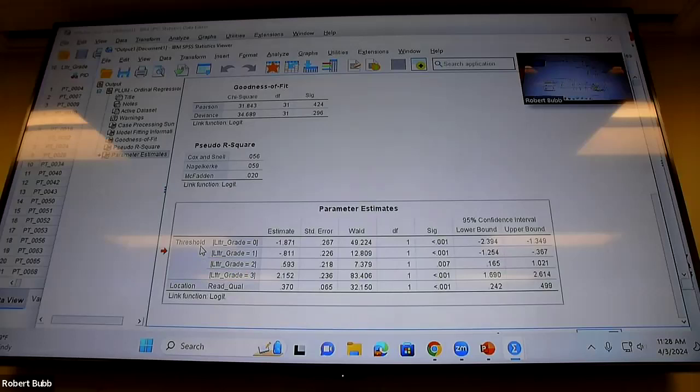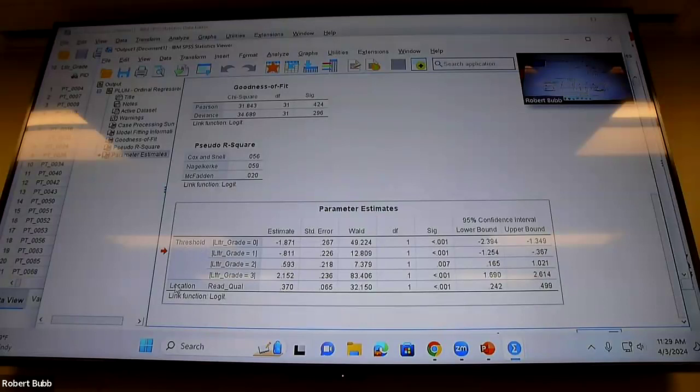All right, so 0, 1, 2, 3, 4, or F, D, C, B, A, right? Well, there's no A up here because A is our reference group. But just note that it's basically setting that baseline constant to which you would add your coefficient for the slope, in this particular case, your regression coefficient. Not technically a slope, but your regression coefficient.